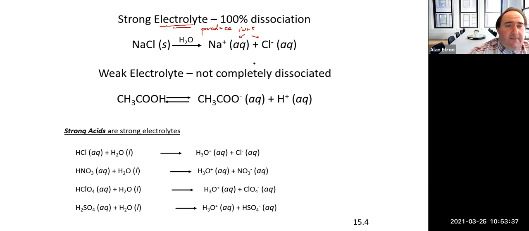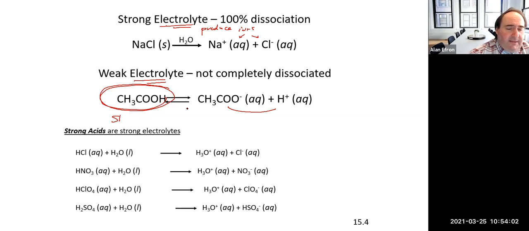So this is usually accompanied by a demonstration of a light bulb. Strong electrolyte, because it 100% breaks apart into its ions, produces a lot of ions, good conductor of electricity, light bulb very bright. There's also weak electrolytes, which do break apart into ions, like acetic acid here. But in solution, they mainly stay together.